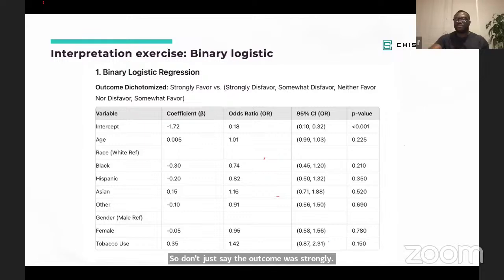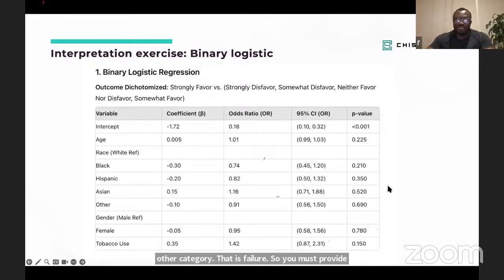How do we know that you have not treated people who said neither favor nor disfavor as missing values? How do we know? So again, explicitly state what is in the outcome categorized as success, but also explicitly state what is categorized in the other category that is a failure. So you must provide those two categories. That's the lesson we want to learn from this.